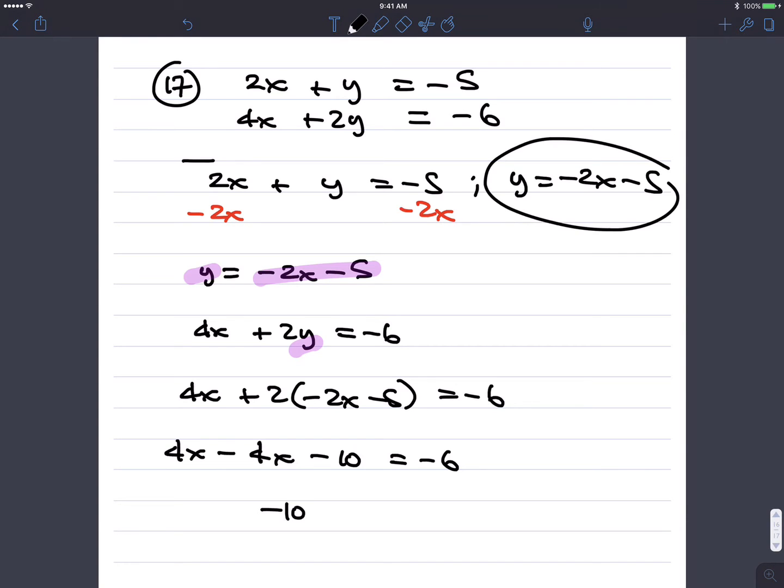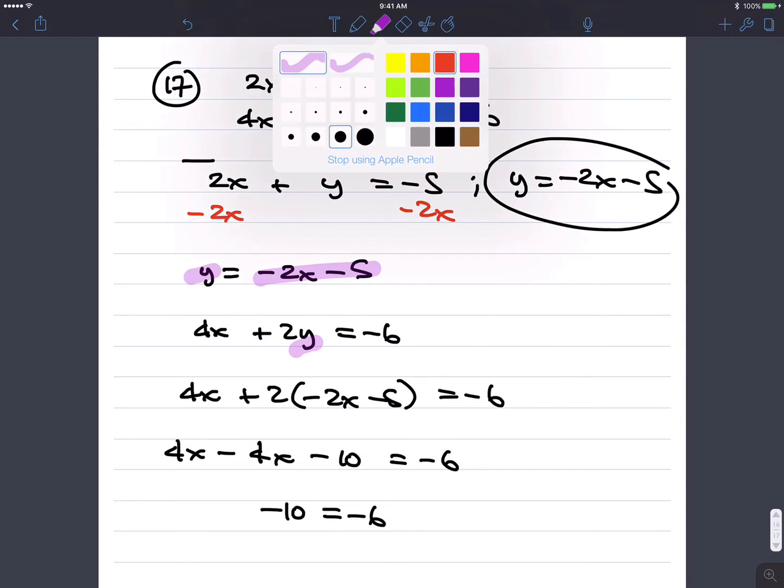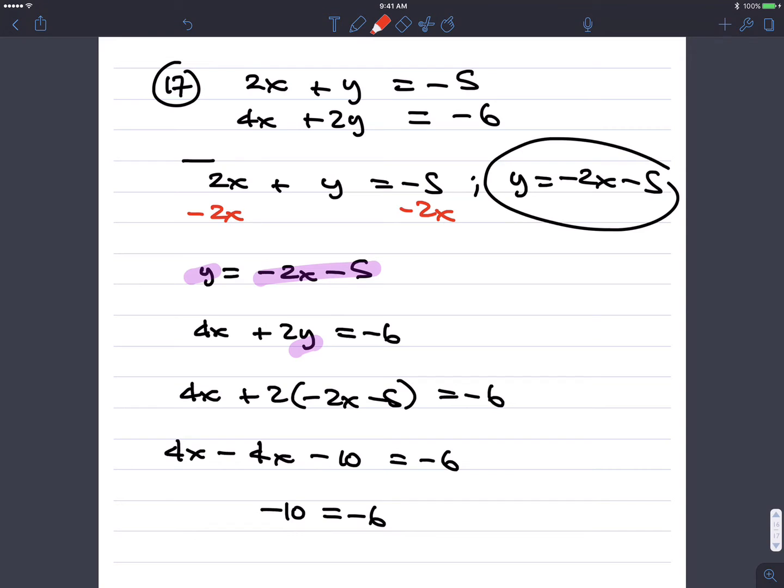Well, we end up with negative 10 is negative 6. Let's double check here. Make sure we did everything correct. This here is a false statement.